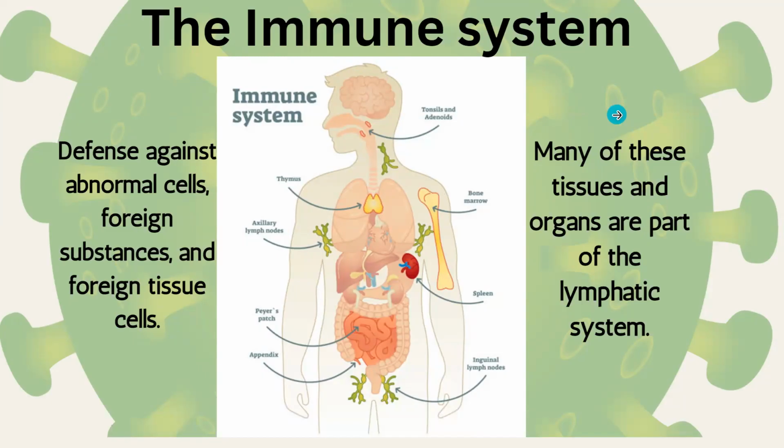And so, of course, our immune system's primary job is to defend us against abnormal cells and foreign substances that are not supposed to be in the body. So we have many different tissues throughout the body that are involved in this because we need to defend the entire body. So we need to spread this out throughout our entire system.